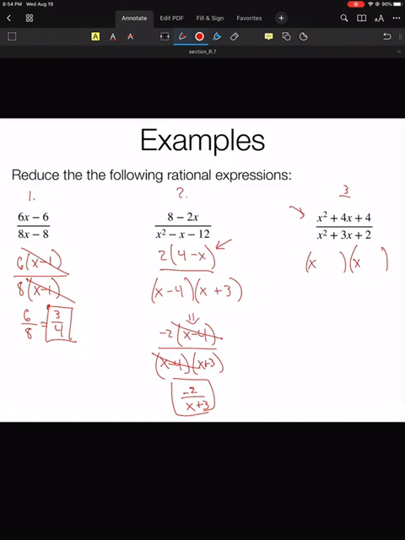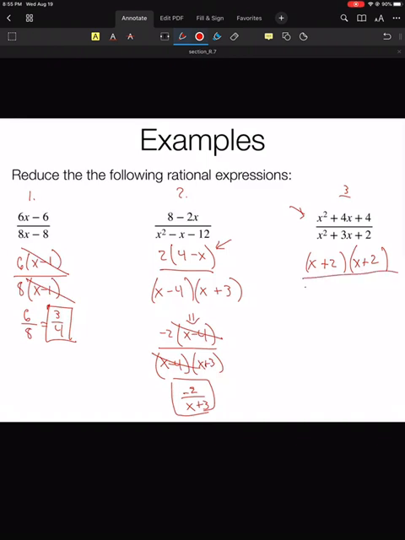There's an x in the first position in each of the parentheses, and then the numbers I put in here and here have to add to 4 and multiply to 4. There are only 2 numbers that do that, and that is 2 and 2. 2 plus 2 is 4, and 2 times 2 is 4. So I factor that polynomial, and I get x plus 2 times x plus 2 for the top.